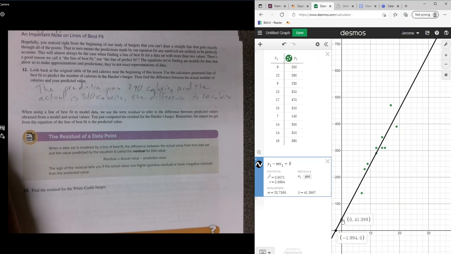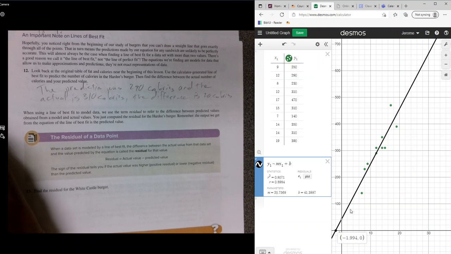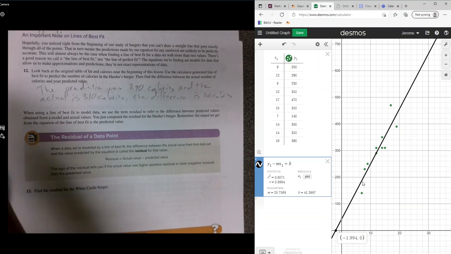Oh, okay, here we go. This computer is very slow today. So if you notice here at 7, we got 186.686. We could round that to 187. So the residual is equal to the actual minus the predicted.